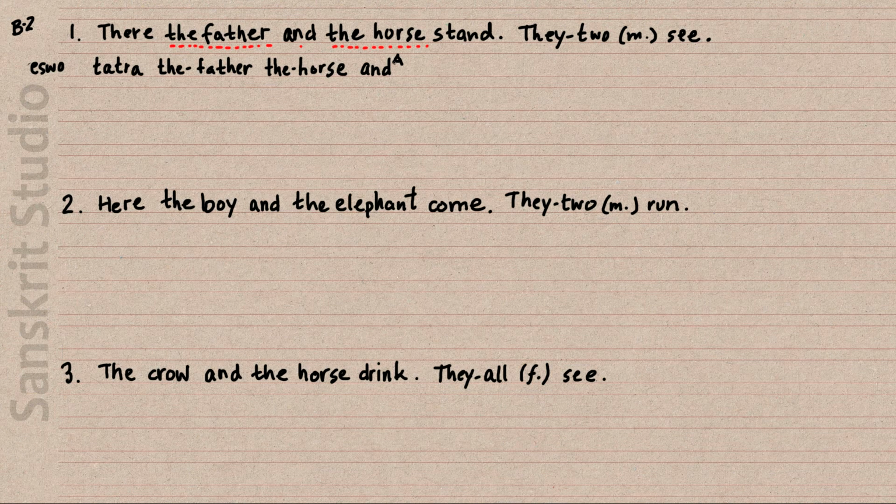which is why this is called syntax A. It could have been syntax B also, because that's also a word connector syntax, but syntax B says that we have to have one "and" per noun that we are connecting. So in this case we would have to have had two "and"s: the father and the horse and.